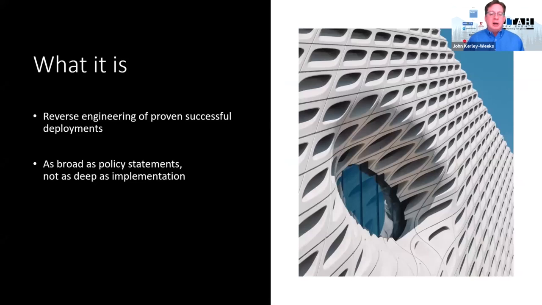So looking at the high level picture of what data maturity models are before we start drilling down into the details, it's really about reverse engineering proven successful deployments. The maturity models were built by engaging large numbers of organizations.